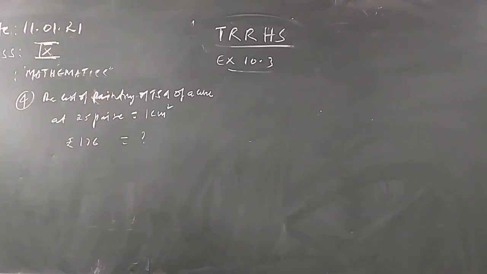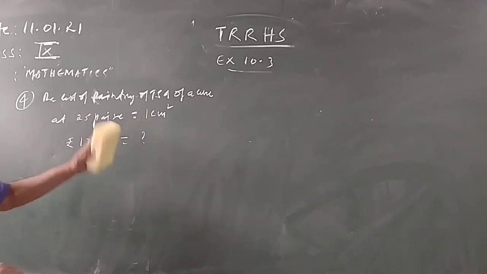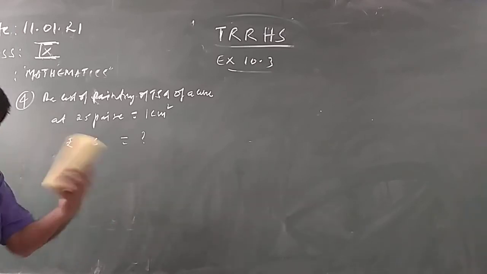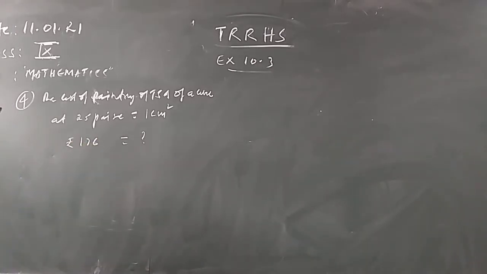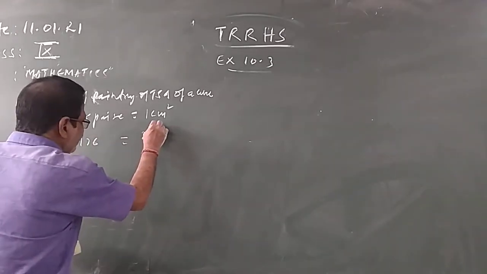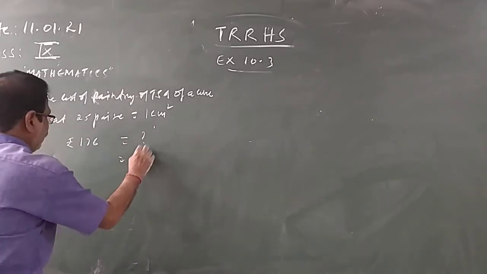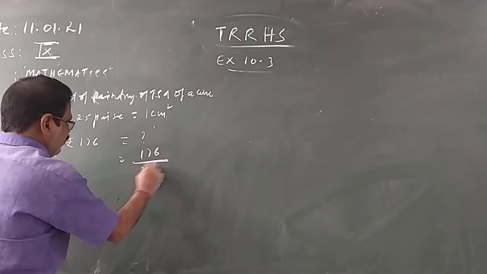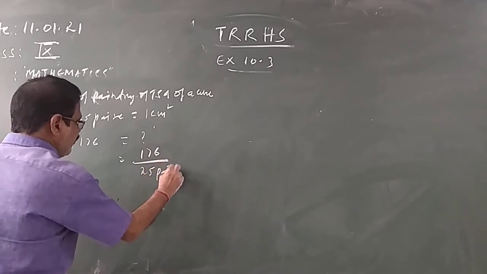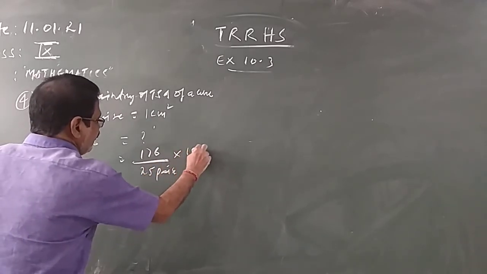For 1 square centimeter of painting, the expenditure is 25 paisa. If you spend more money, you get more area. So the area is 176 by 25 paisa.